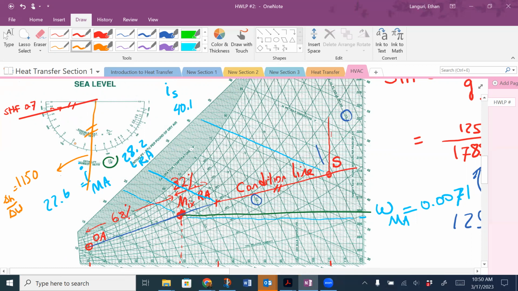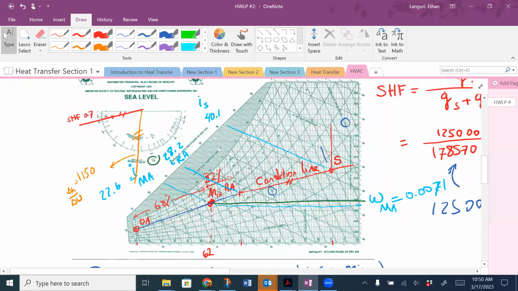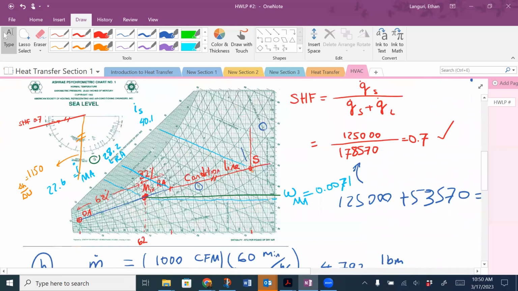This line should be parallel to the air supply to A line, which is almost vertical, right? But has some slope, it's not going to zero. So this is my point A. Now that I have my point A, I can find the enthalpy of point A. The line becomes an enthalpy line.